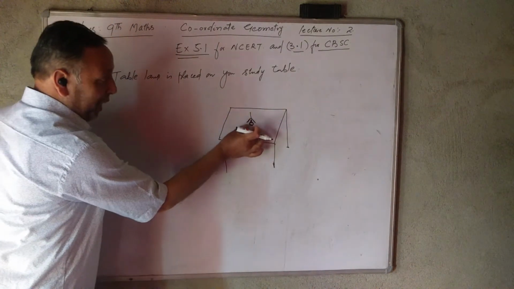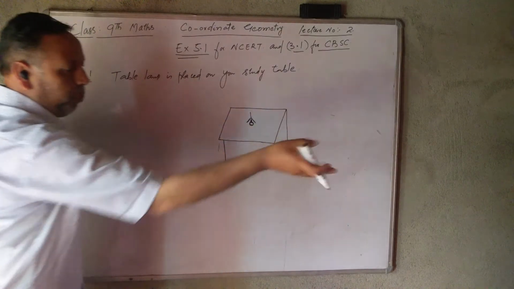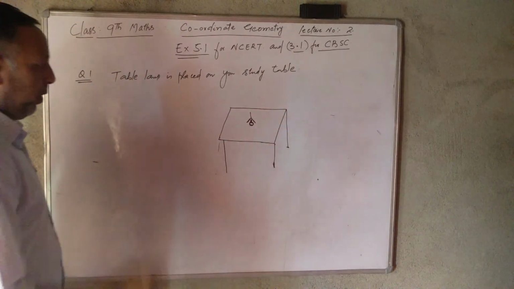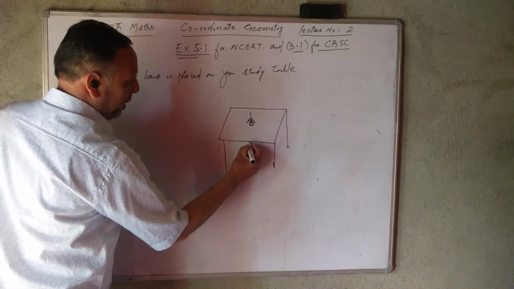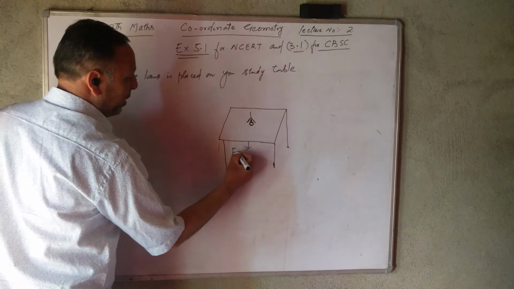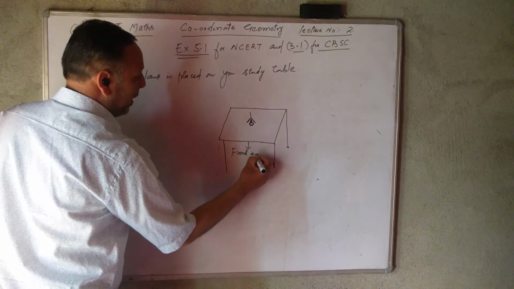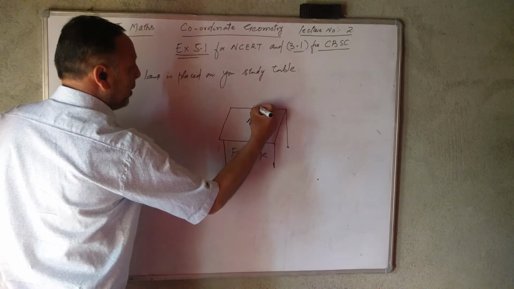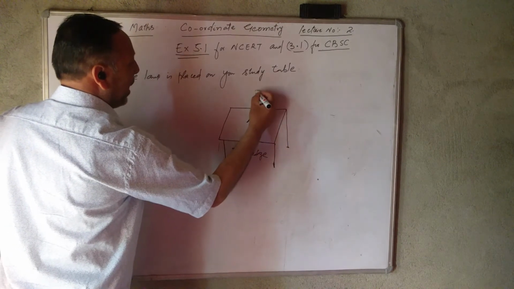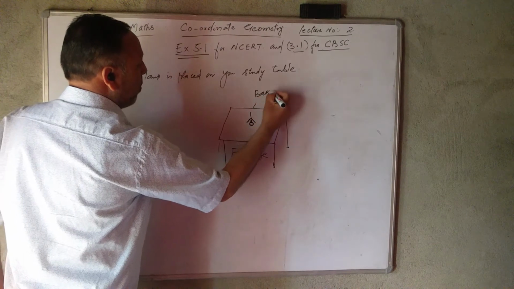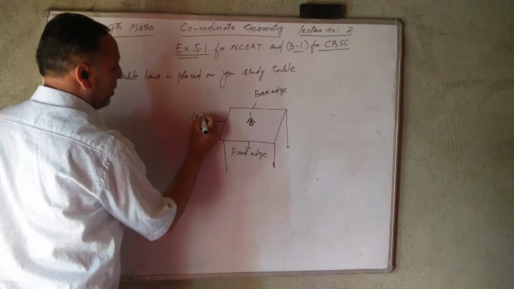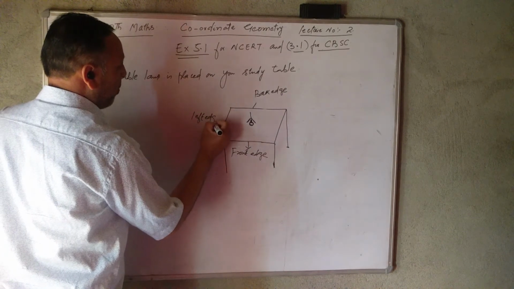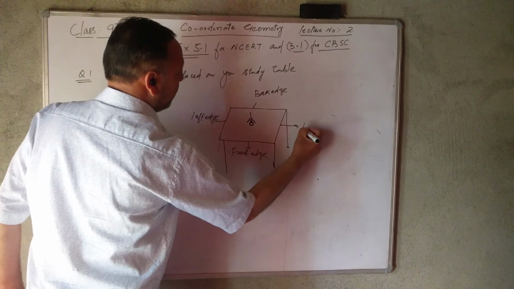You have to describe the position of this table lamp to your friend. If you look at this tabletop, this is the front edge. This is the back edge. This is the left edge. And this is the right edge.